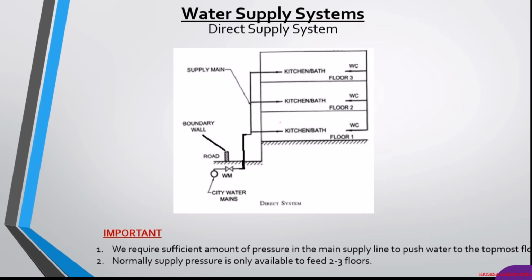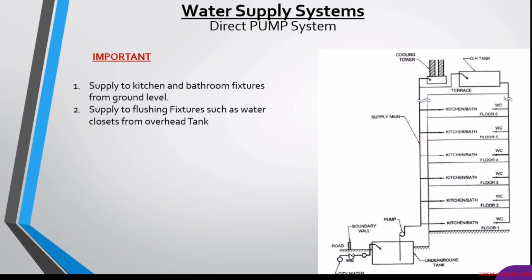Now in the direct pump system, we have a city main water line. From that main line, this symbol is for an isolation valve. From that main line, we store the water in an underground water tank with the help of a pump. This is the symbol of a pump in this image.